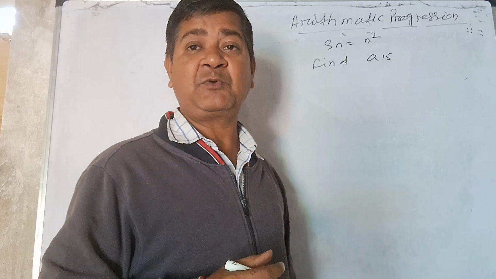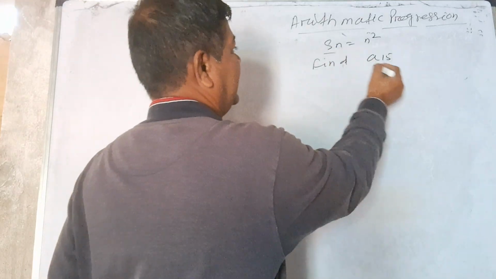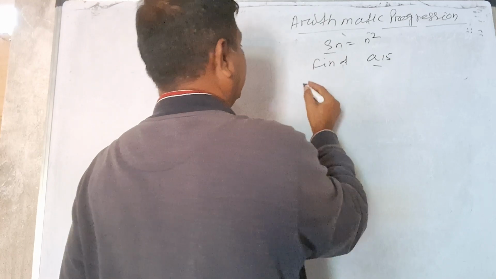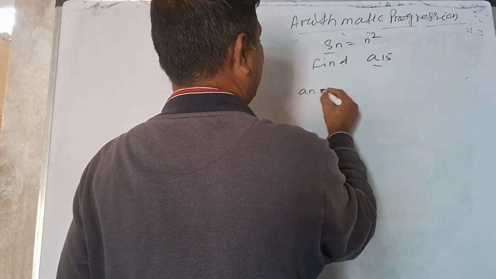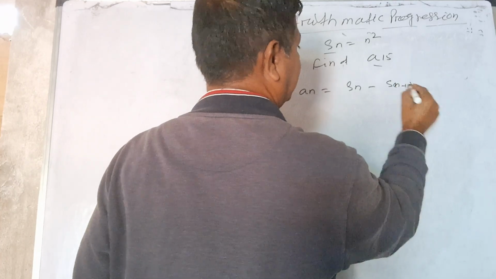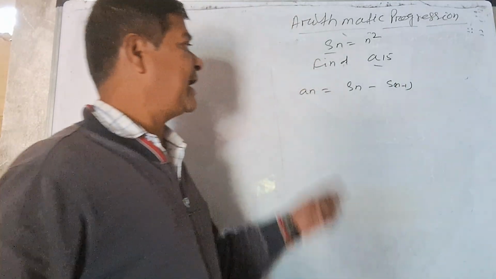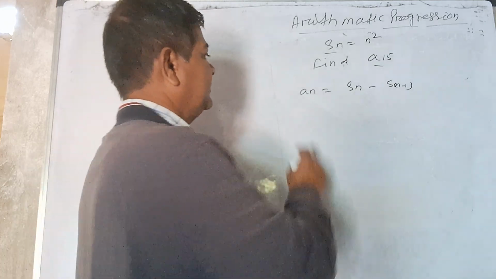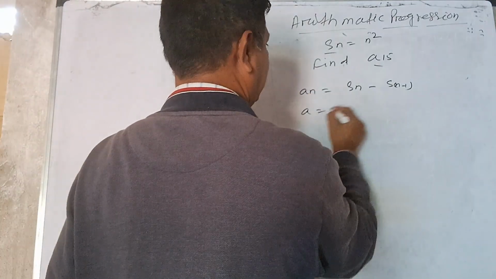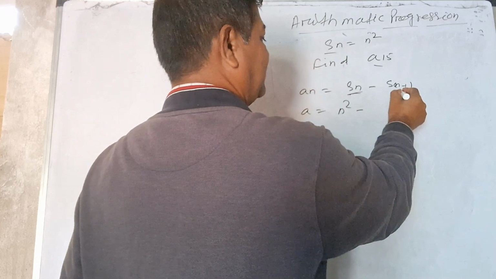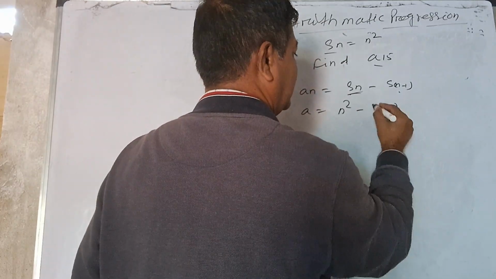What is the relation between Sn and An? That is an interesting relation. An equal to Sn minus Sn minus 1. It is a formula. That means An equal to Sn, which is the given n square, minus Sn minus 1, which will be n minus 1 whole square.